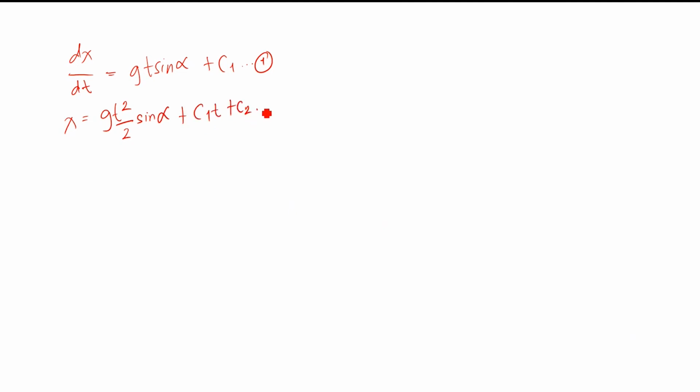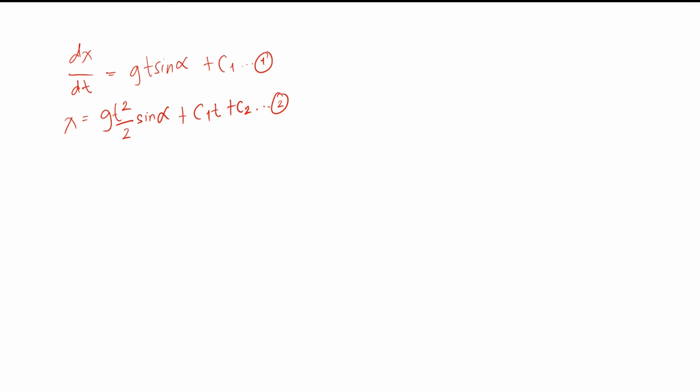Next, from there, ang equation 1 natin, sulat ulit natin. So that is dx over dt equals g t sin alpha plus c1. This is your equation 1. So your equation 2 is x is equal to g t squared over 2 sin alpha plus c1 t plus c2.